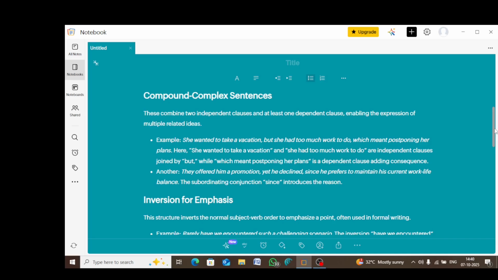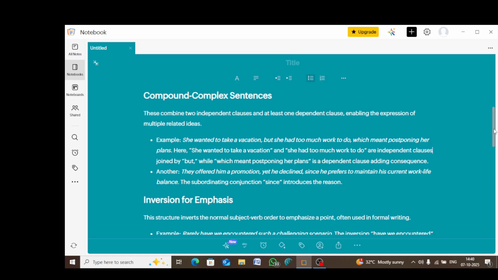Here you see, they offered him a promotion, he declined. These two are main clauses, independent clauses joined by yet. Since he prefers to maintain his current work-life balance is the subordinate clause, and they all together make sense.